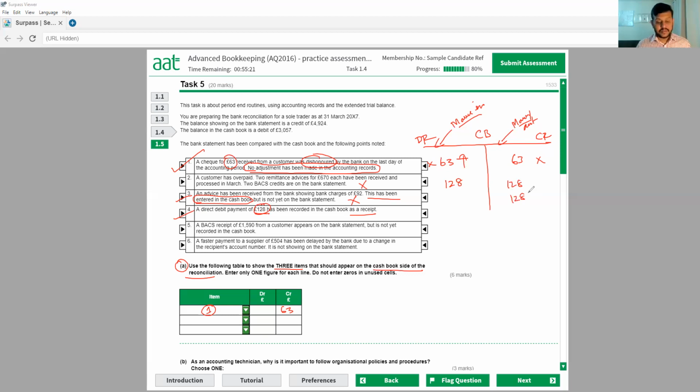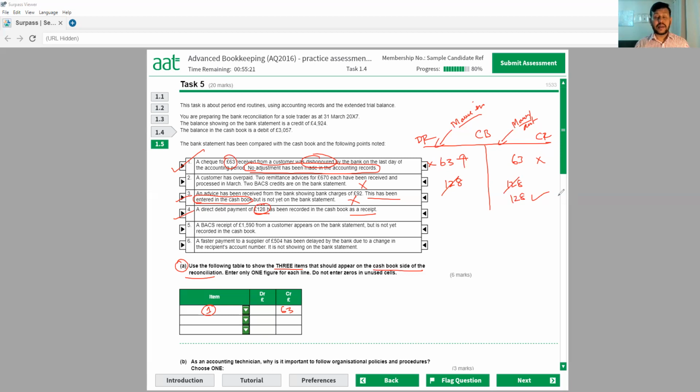Why? Because the first 128 will remove my old mistake and the new one will be the correct entry in the system, because I already recorded 128. For example, let's say I was supposed to give you £5, and rather than give you £5, I took £5 from you. So now I have to give you 10, because I was supposed to give you 5, not take from you.